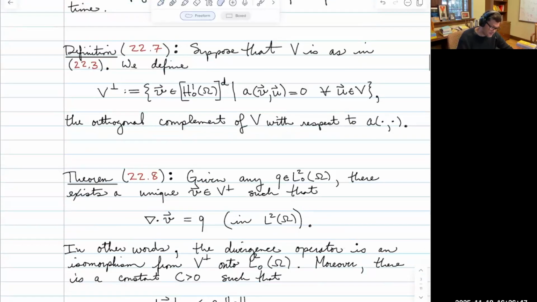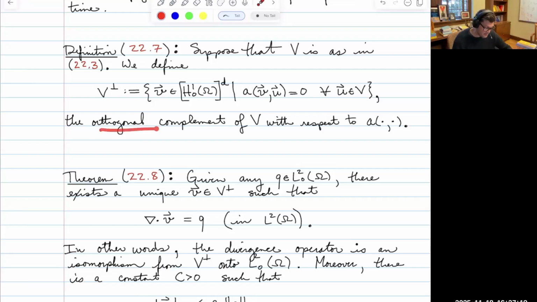So we're looking for the set of all vectors V in the larger space such that they are all orthogonal to everything in V. The structure of this is quite complicated, especially in this infinite dimensional setting. We can't picture it. The drawing above is the best picture for this space. But this space is going to be useful and special for us in our analysis.